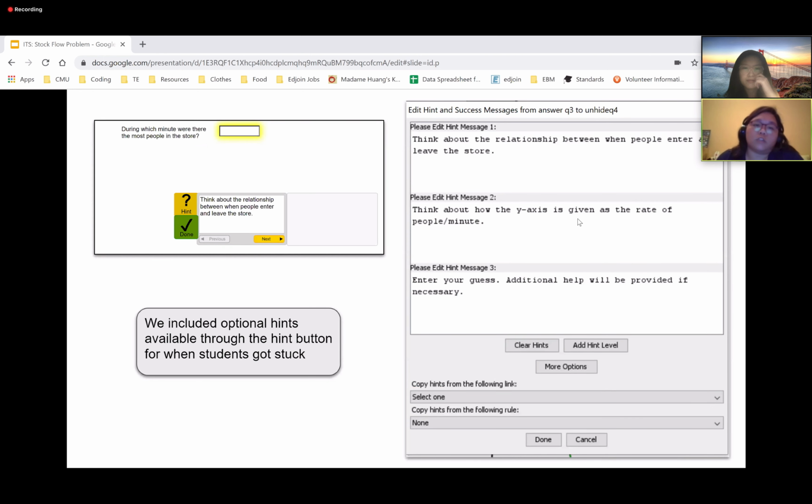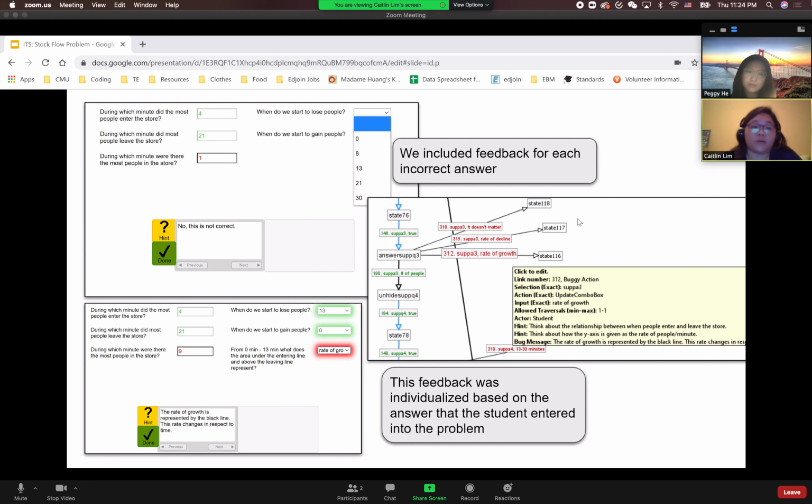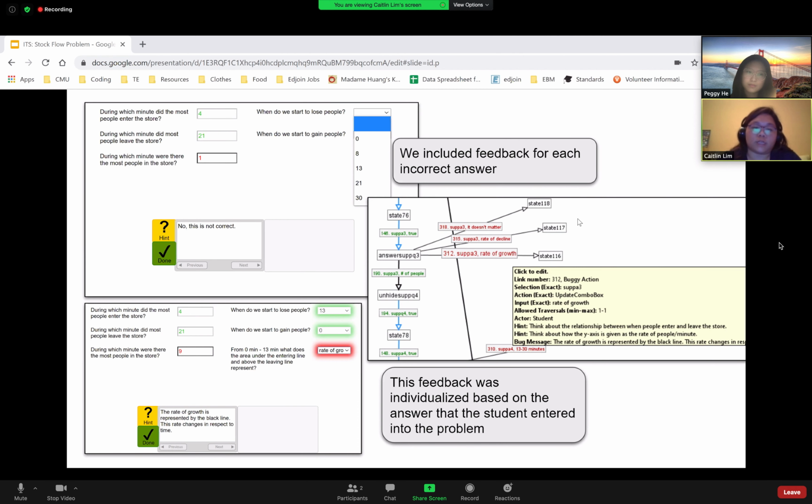Of course, in order to make our tutor an intelligent tutor, we had to add some optional hints that students could access through the hint button. And you can see that these hints increased in helpfulness as we went on. And finally, in order to give individualized feedback, we wrote detailed error messages to help guide students to the correct answers.